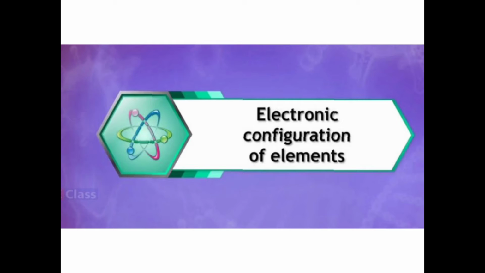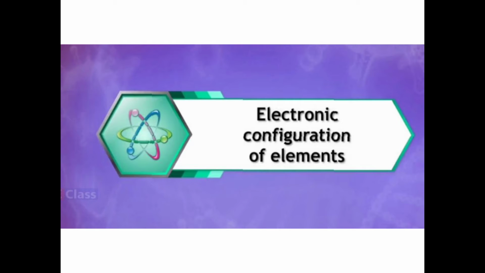Now let us go towards the electronic configuration. As we have seen the maximum capacity of the shell, now what is the maximum capacity? The electrons in an atom are distributed in the shells according to their maximum capacity. So in the first shell we will be having 2 electrons, correct?